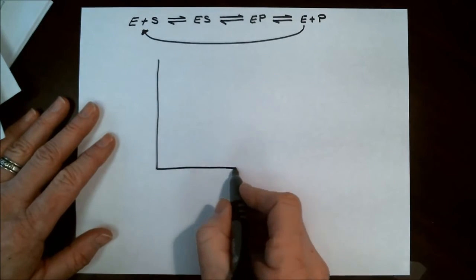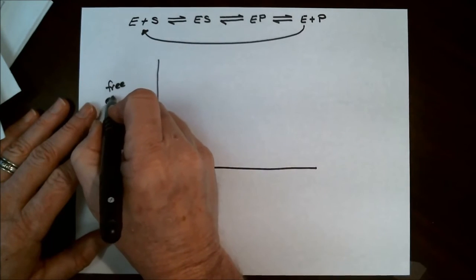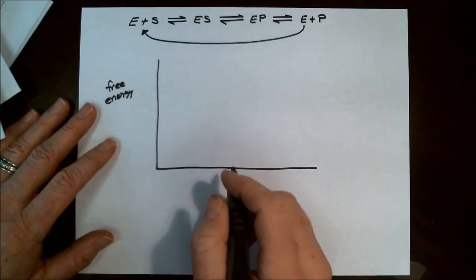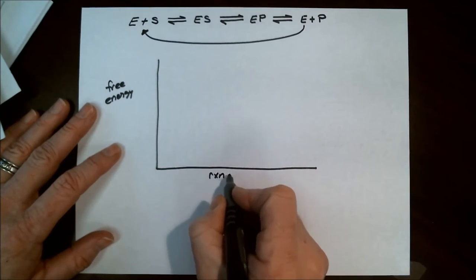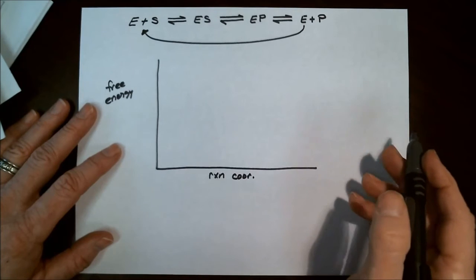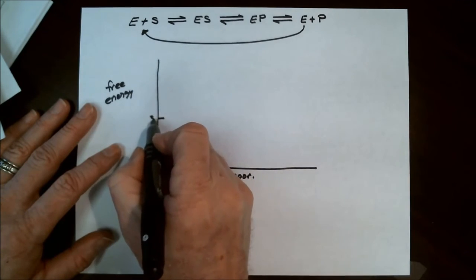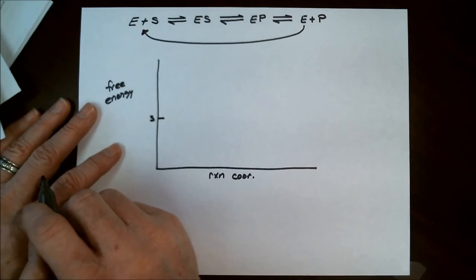Now, how does this play out on our free energy graph? Let's look at the mechanism based on what we've seen before. So an enzyme is going to take a substrate at a specific free energy.